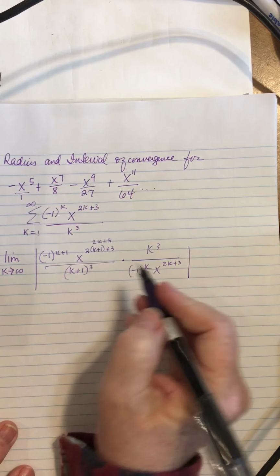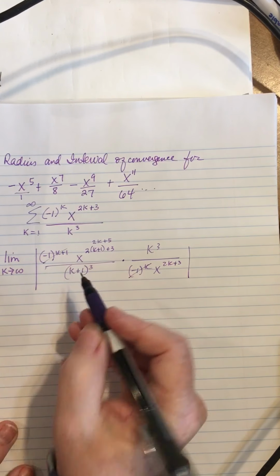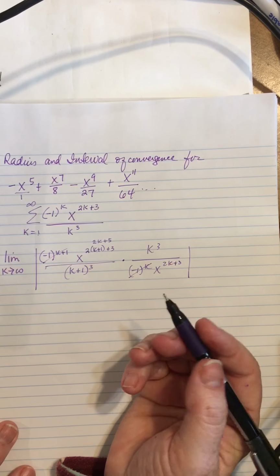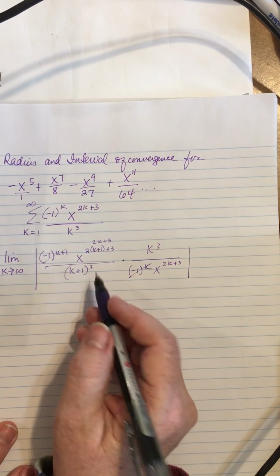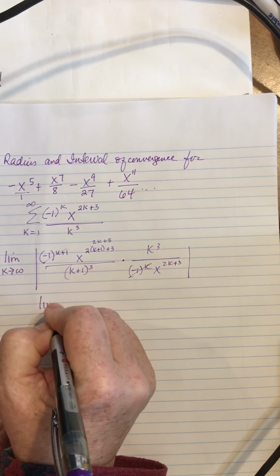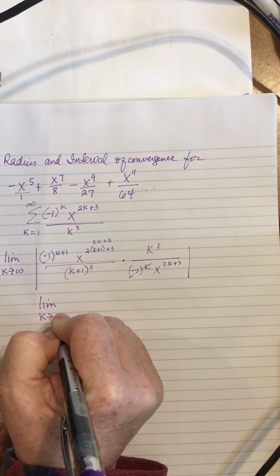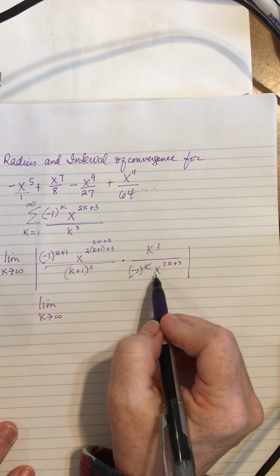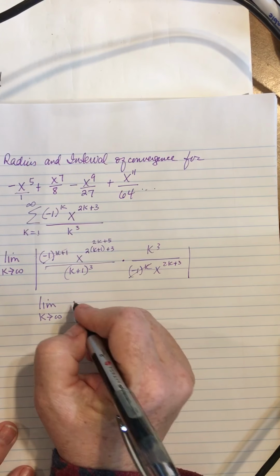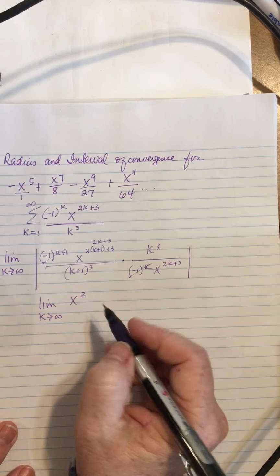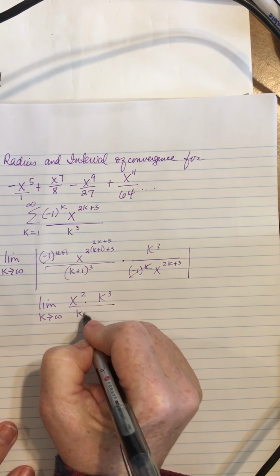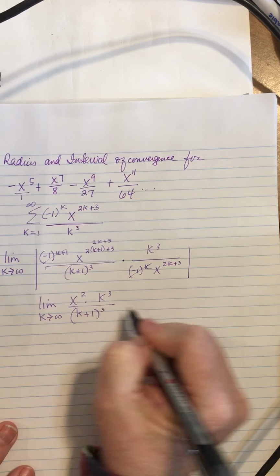So when we do our simplification, those guys are going to cancel out and leave a negative 1 inside the absolute value. When you take the absolute value of negative 1, you get positive 1. So we will have the limit as k approaches infinity of x to the 2k plus 5 over x to the 2k plus 3, which is x squared, times k cubed over k plus 1 cubed.